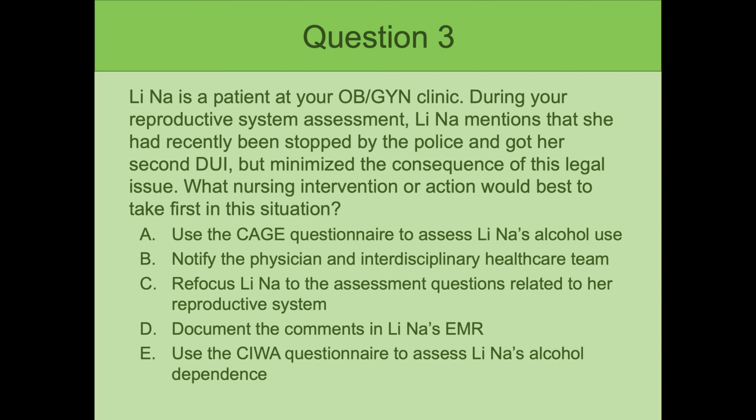So A, use the CAGE questionnaire to assess Leon's alcohol use. B, notify the physician and the interdisciplinary treatment team. C, refocus Leon on the assessment questions related to her reproductive system. D, document the comments in Leon's EMR. Or E, use the CWA questionnaire to assess Leon's alcohol dependence.